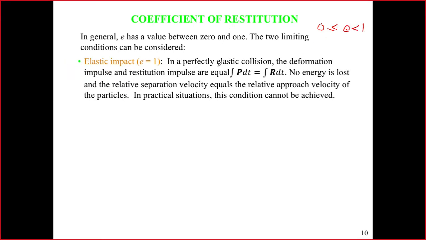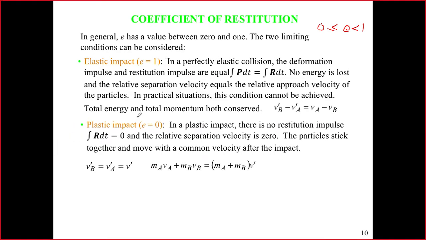And we discussed what these two types of extreme impacts mean, the elastic impact and the plastic impact. Elastic impact, which is when the coefficient of restitution is 1, is the case when not only is the total momentum conserved, but even the total mechanical energy is conserved.